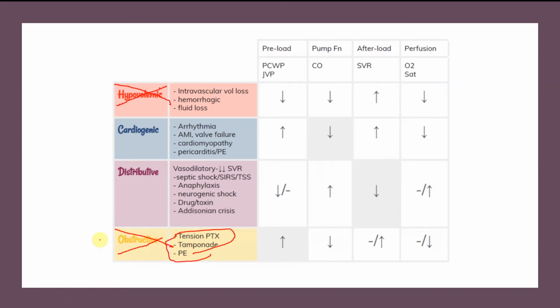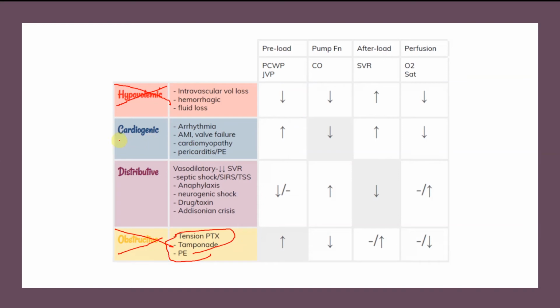I really like this chart because it separates the types of shock, but it also shows you the effect that the types of shock have on the body.